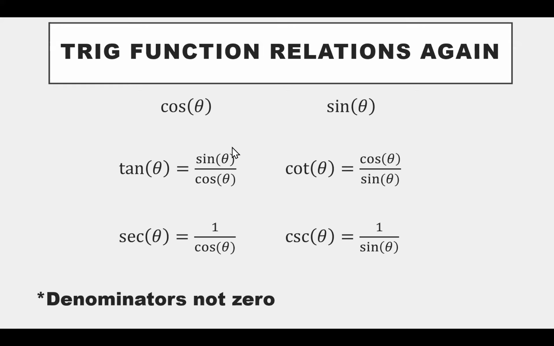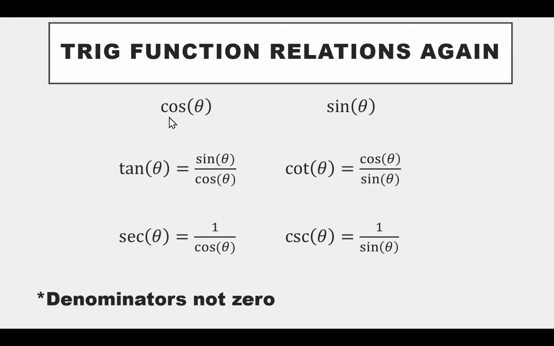But another thing we can do is say, what if we have the cosine of theta? We know the output for that, and we know the output for sine. Can we find these other ones without knowing the actual values of theta? And the answer is, of course, if you know cosine and sine, then you can know the other 4 trig function values without even knowing what theta is.